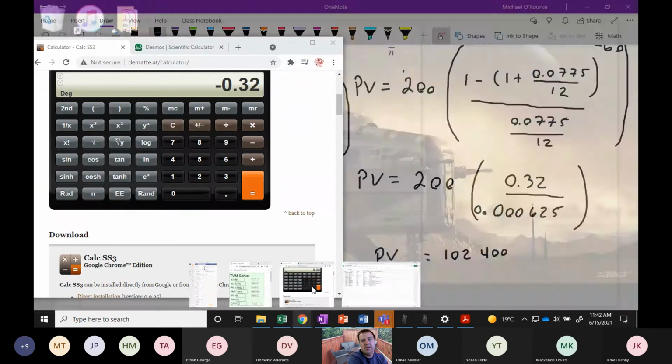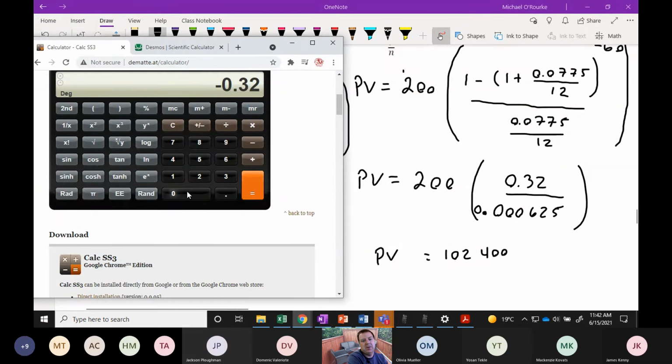What did you get? So if I use this, I would go 0.0775 divided by 12 plus 1 to the power of -60. I messed up somewhere.